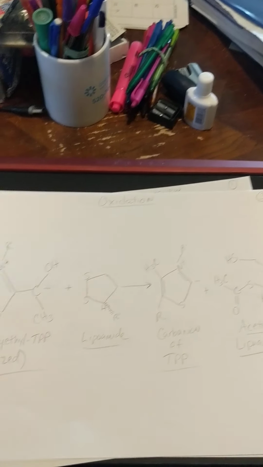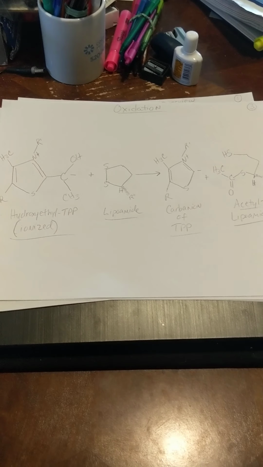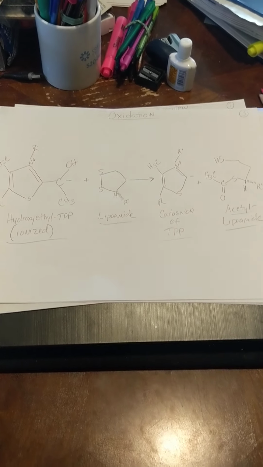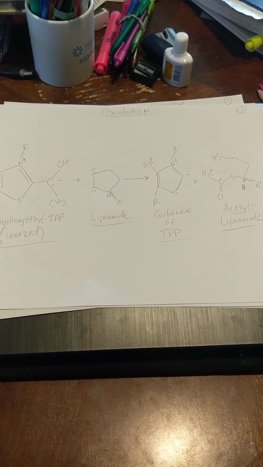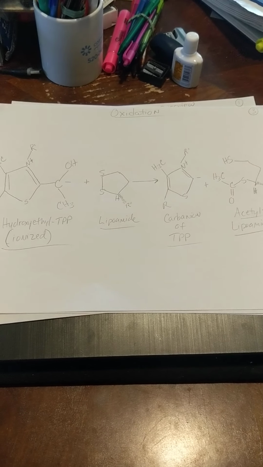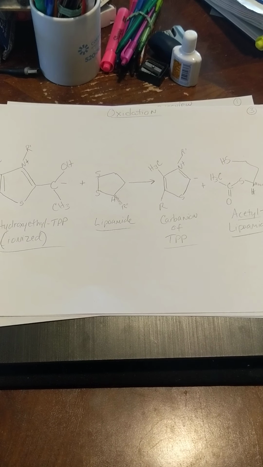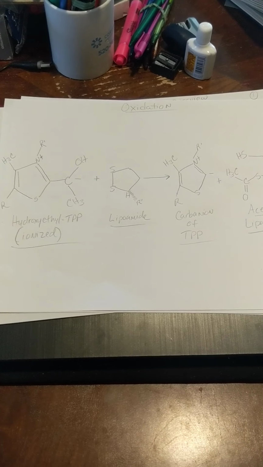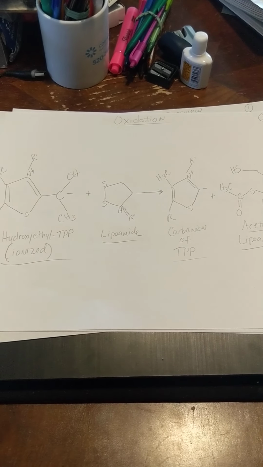So next we have oxidation. And so during oxidation, the hydroxyethyl group attached to TPP is oxidized to form an acetyl group while being transferred to lipoamide, which is a derivative of lipoic acid.